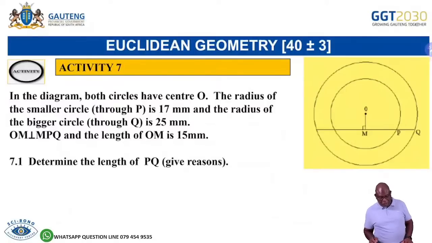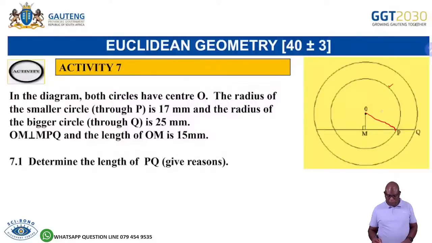Now here's a question here. It's a very tricky question, but if you understand this, you'll be able to understand the easy ones also. In the diagram, the radius of the smaller circle through P. So in other words, here's a smaller circle. They say the radius of that here is going to be how much? 17.